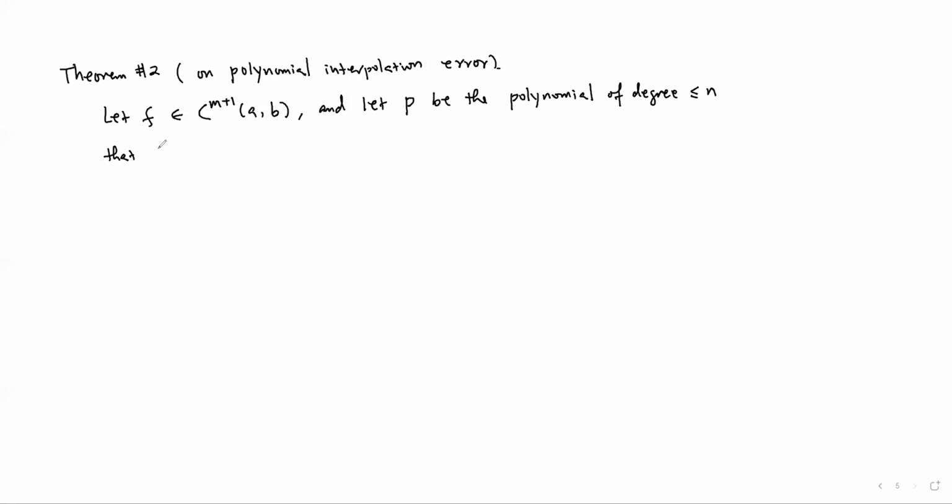The polynomial P interpolates function f at the n plus 1 distinct roots x0, x1, x2, up to xn.